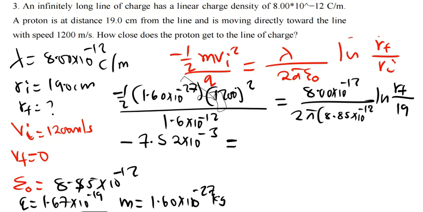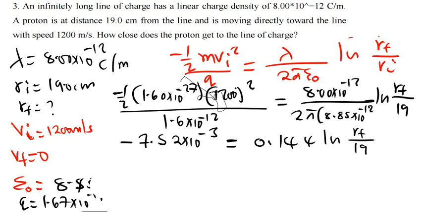So what are we getting? Now I'm getting 0.144. Okay, I'll just leave it there. Then we have ln RF, then 19 here. So what I'm going to do now is divide both sides by 0.144.